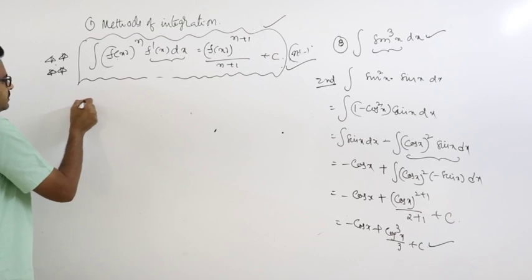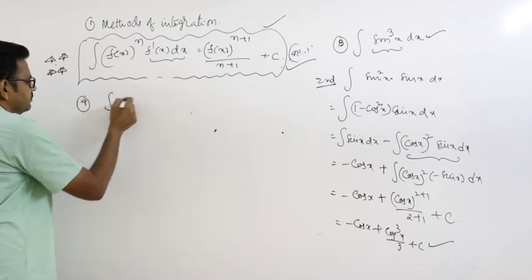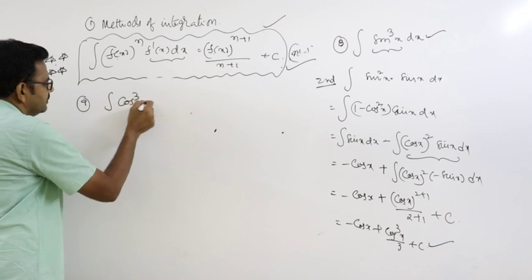So like this, we can do this sum, cos cube x, in both methods.